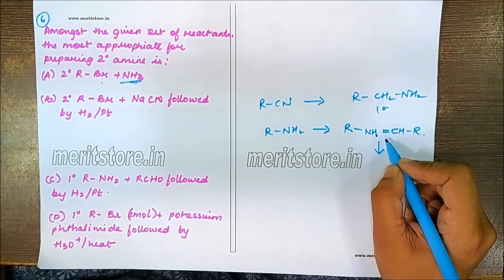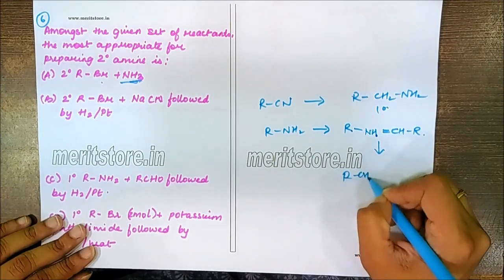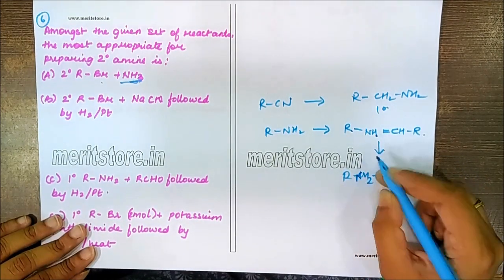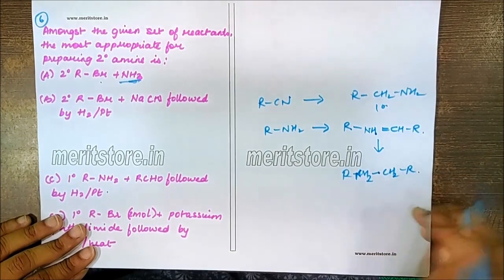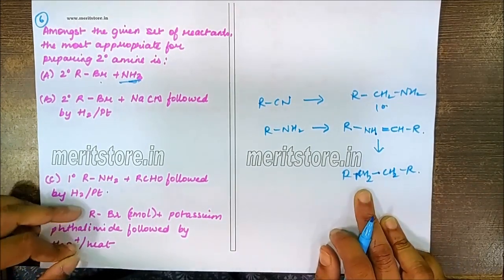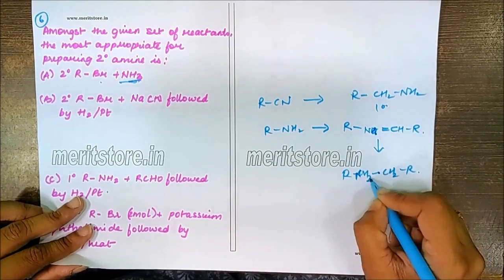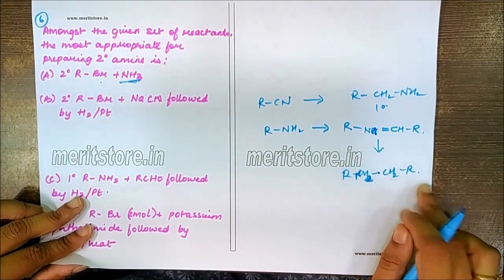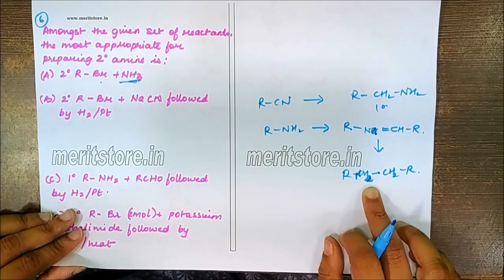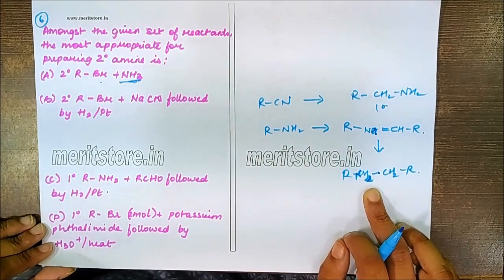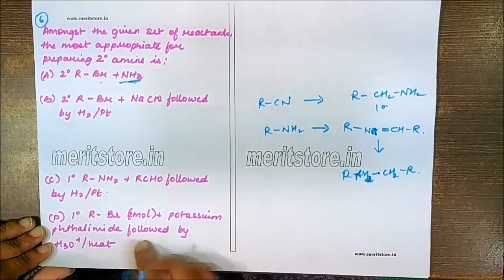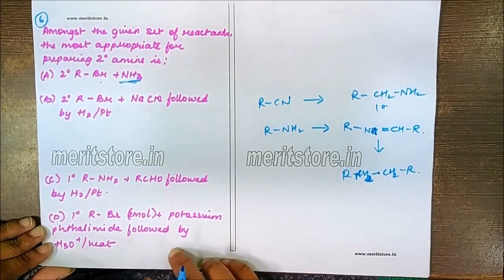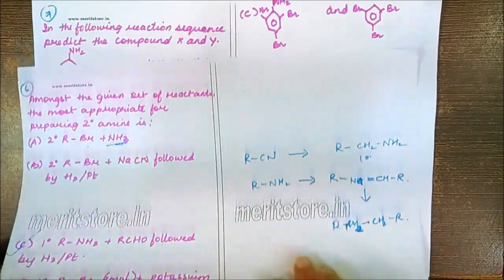Reduction will give us this R, CH2, NH, CH2R. So there will be secondary amine formation in this case. And finally, RBr on treatment with potassium cyanide. This is giving us the formation of primary amine. So our option is option C.